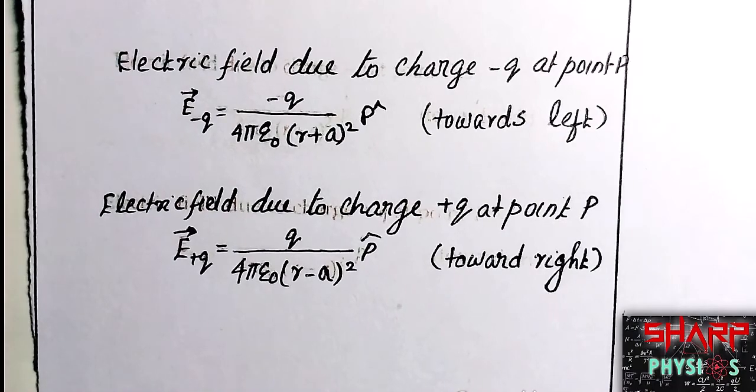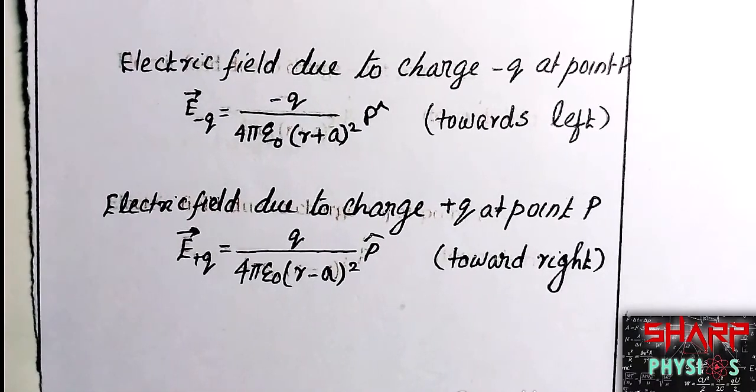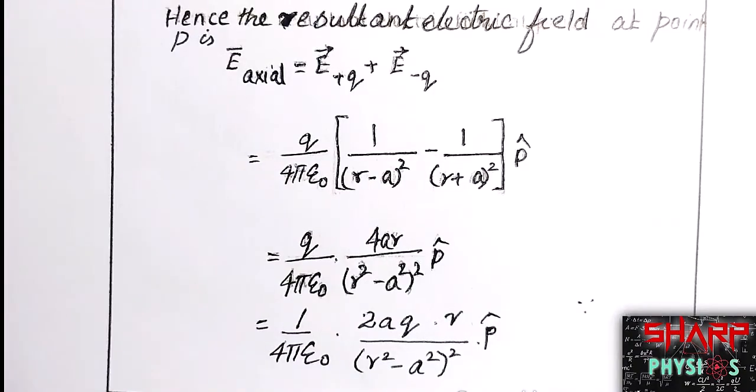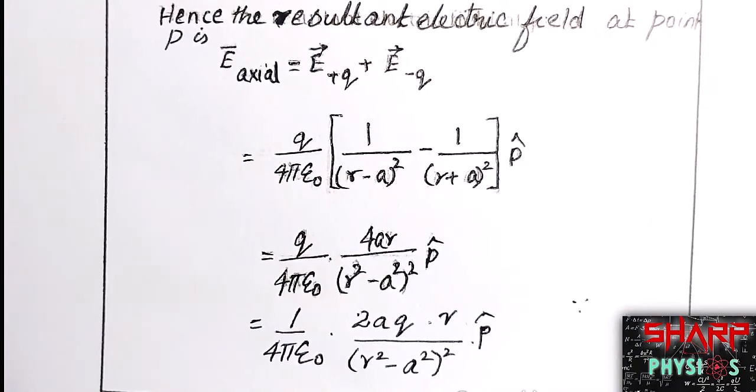Now we need to find the resultant electric field at the point P.